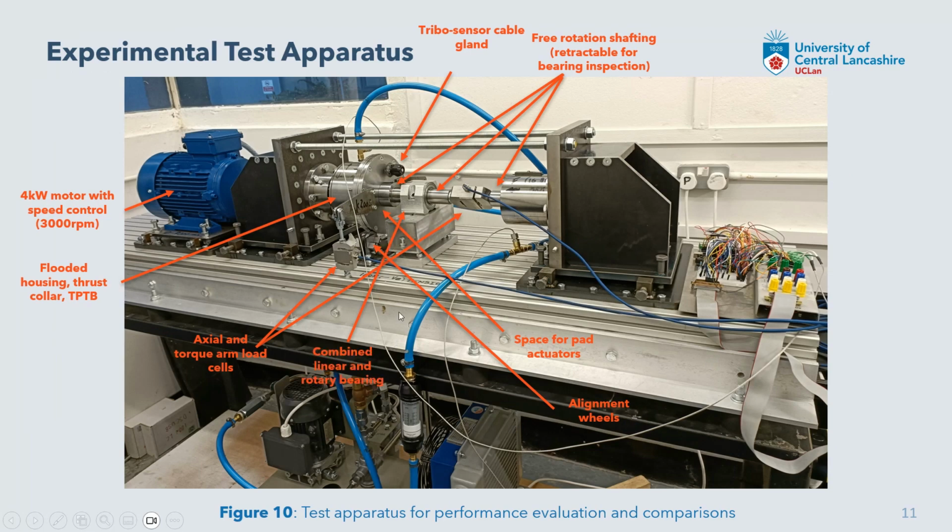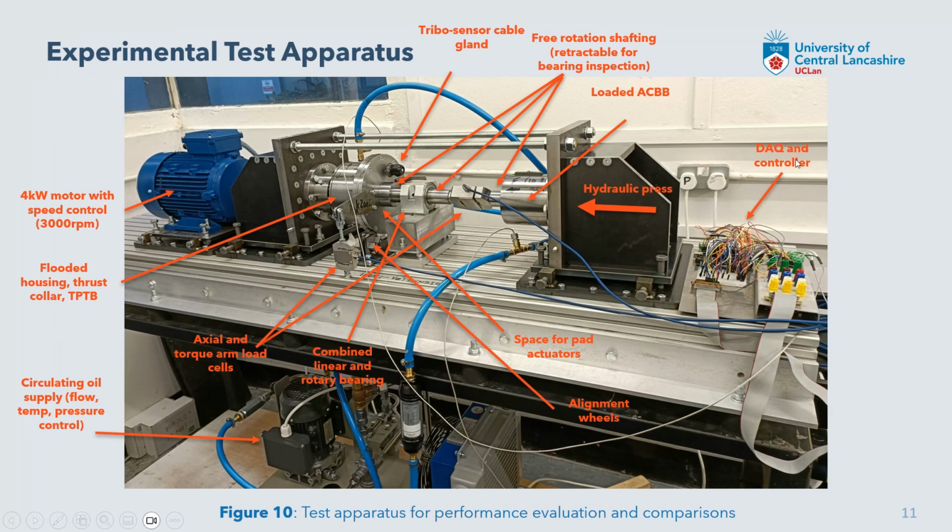And there is a combined linear and rotary bearing, which allows the bearing to be retracted from the tilting pad thrust collar face. And there is a loaded angular contact ball bearing. So a thrust load is applied by a hydraulic press here through an angular contact ball bearing, and then forces the tilting pad thrust bearing against the collar.